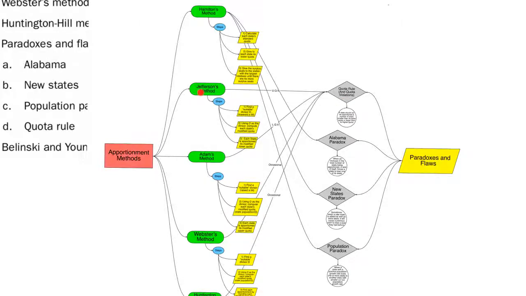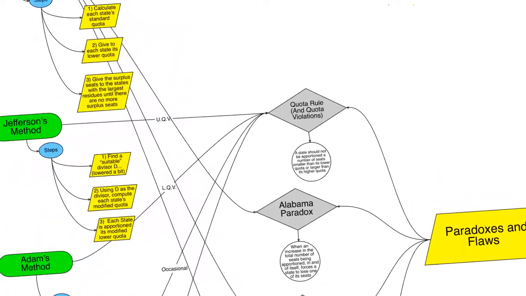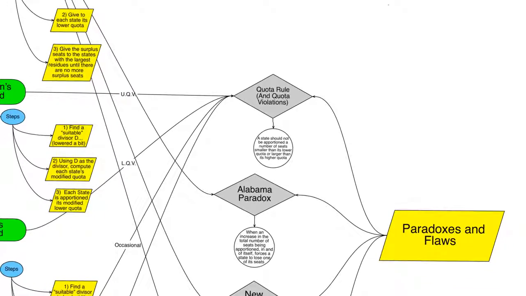And the Jefferson's method can violate the quota rule. And the question is, what is the quota rule? Let's take a look at what the flowchart says. So the quota rule and quota violations in general are as follows. A state should not be apportioned a number of seats smaller than its lower quota or larger than its upper quota. So for example, imagine state A gets a standard quota of 33.7.